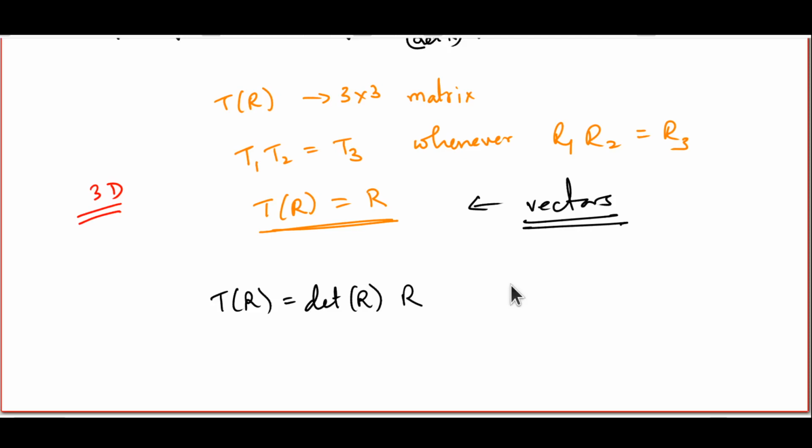But if we go beyond rotations and talk about orthogonal transformations in general, then we have this situation that for rotations, T of R will be the same as R if this rule were followed.